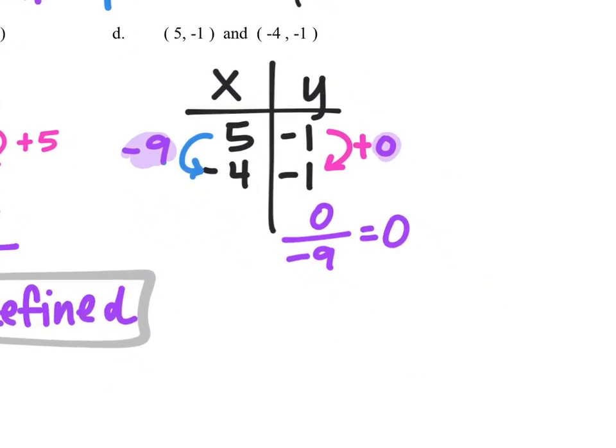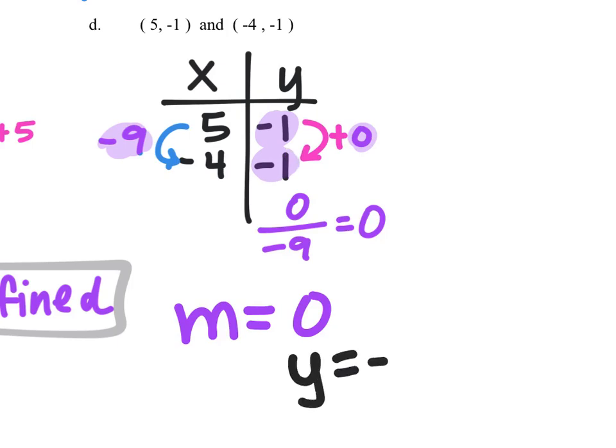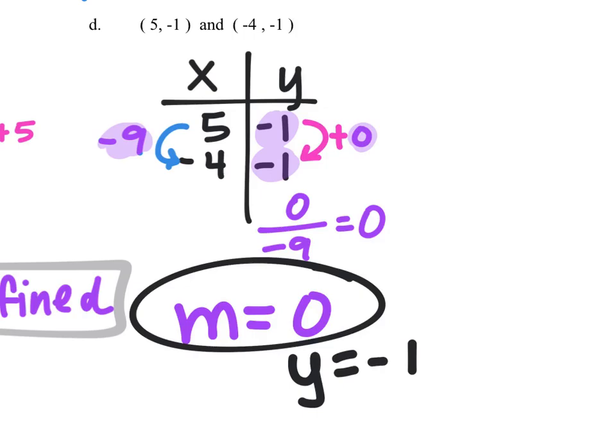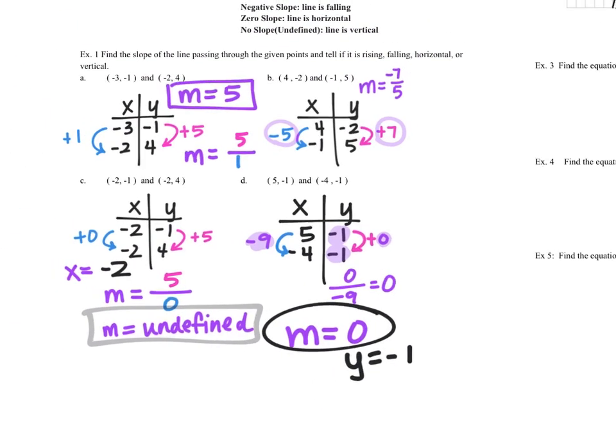So this one has a slope of 0, meaning that it is a horizontal line with the equation y equals -1. So we have that slope of 0 there. So that is calculating slope.